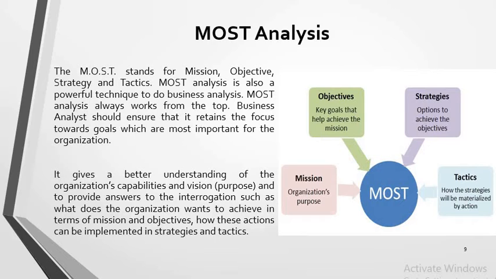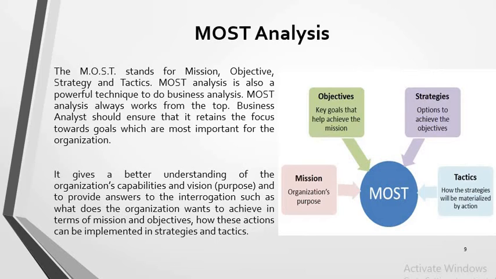You must find your purpose. Then to pursue your mission, you make objectives. Objectives are the key goals, short-term, medium-term, long-term goals that you set to achieve your mission. So O stands for objective.